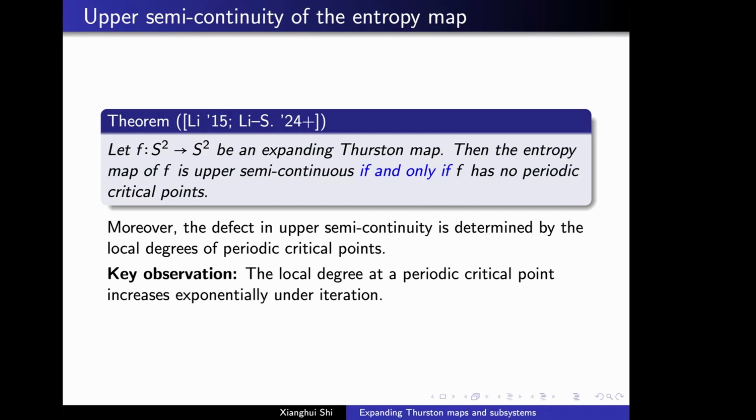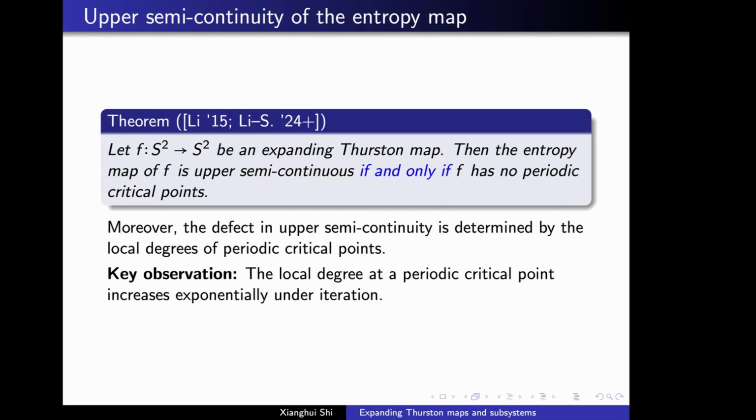So can I ask you a quick question about what you just said? If the measure has no atoms at periodic critical points, do you then have continuity, or do you know anything about this? My hope is actually yes.